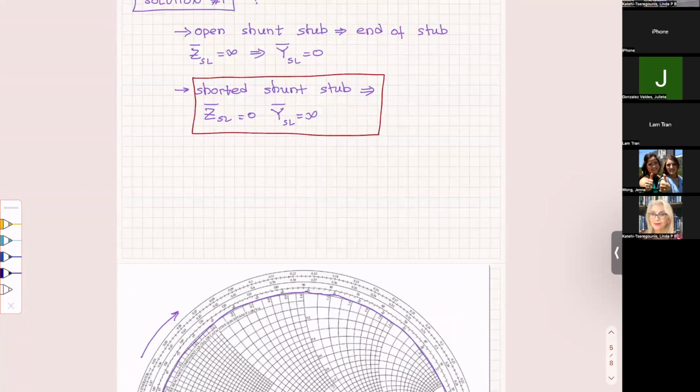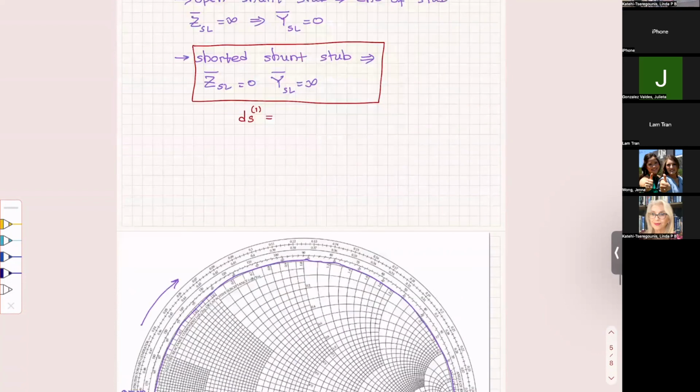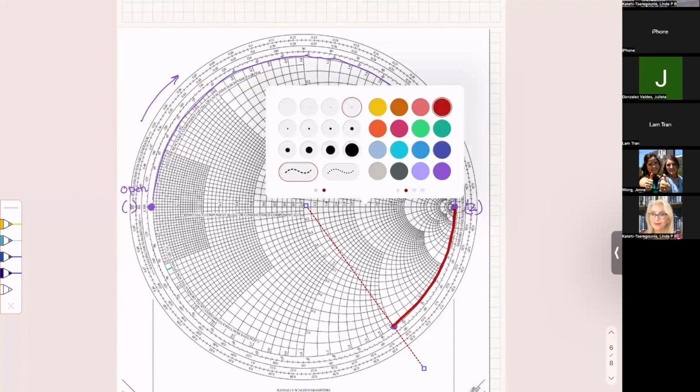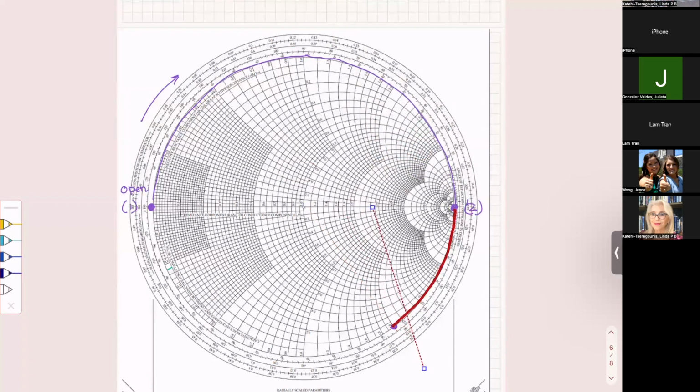And for this one, we find that d sub s for solution 1 is going to be from 0.25, we have to go all the way starting from here.